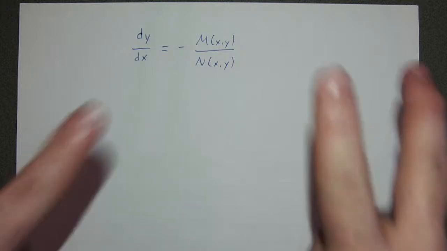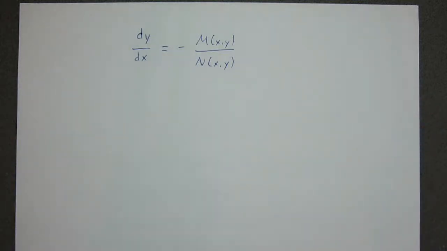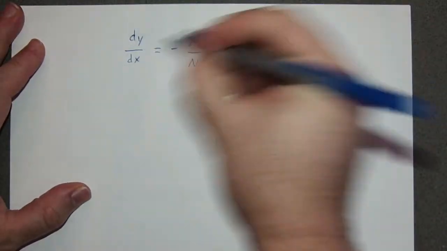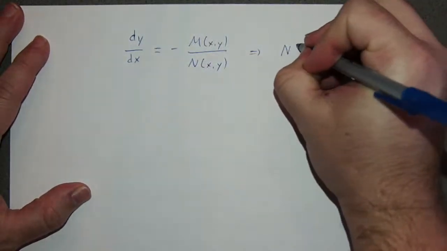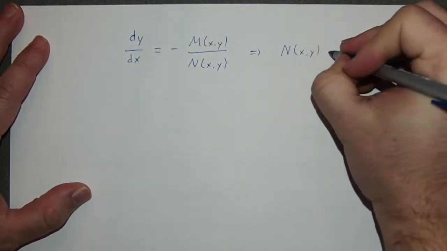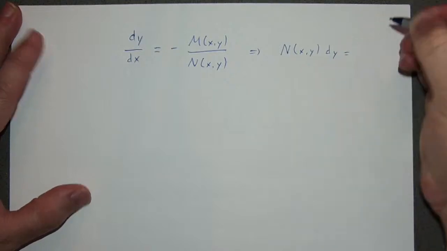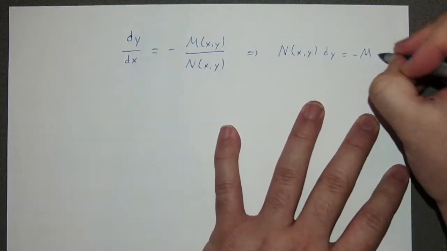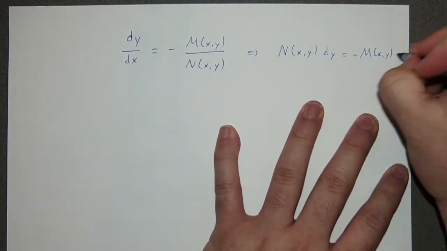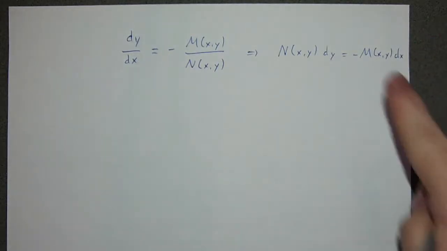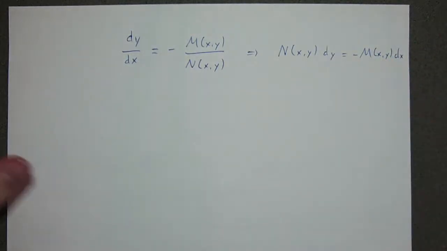And so I can clear denominators here. And if I clear denominators, I end up with N(x,y) dy is equal to minus M(x,y) dx. And then I add this to the left-hand side.